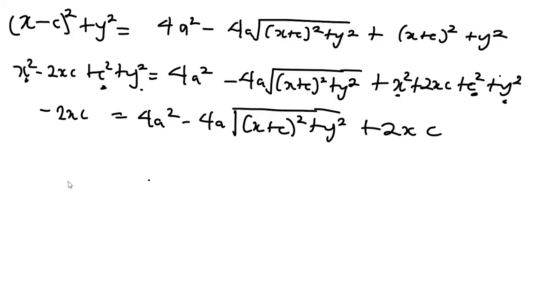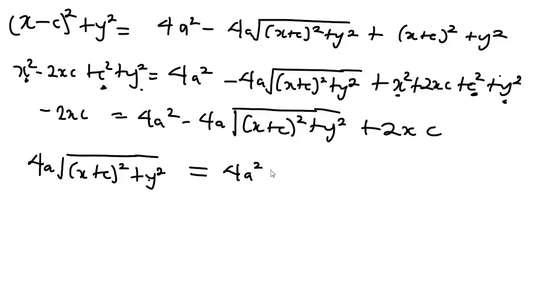Now at this point, we can decide to bring the whole of this to this side. Then we have 4a root of x plus c all squared plus y squared, then being equal to 4a squared plus 2xc.